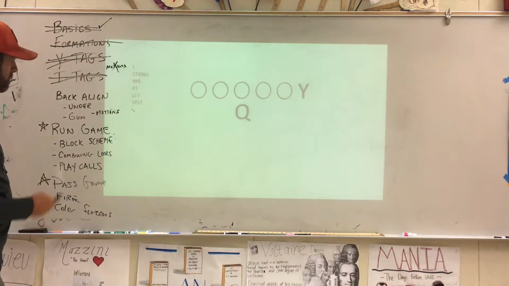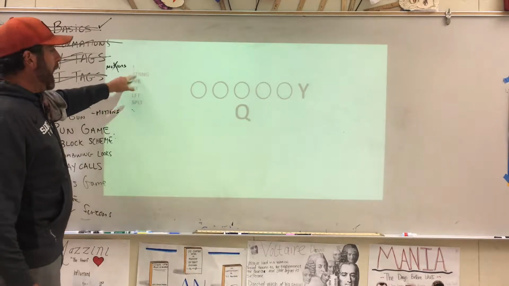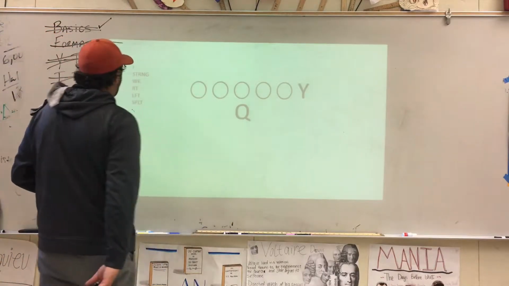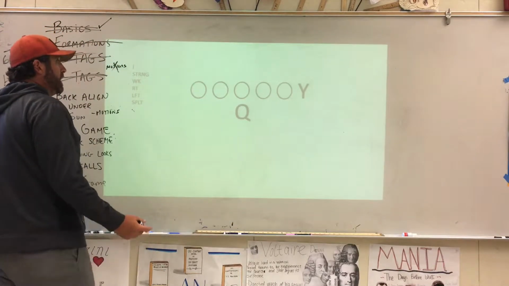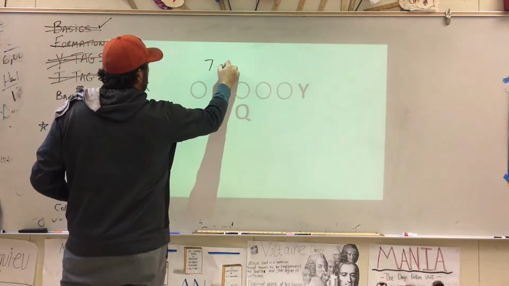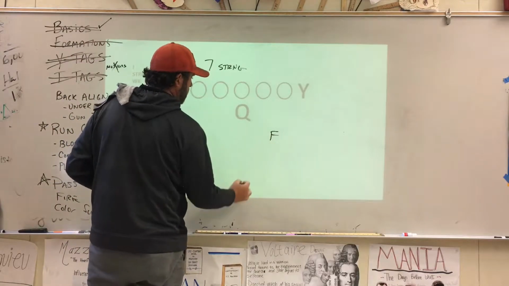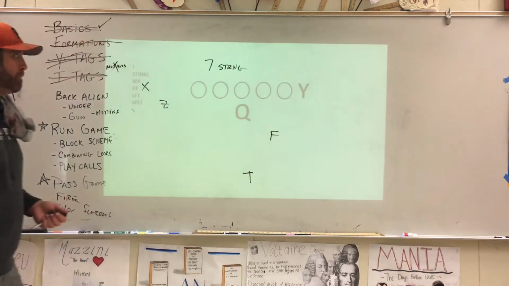Under center, we have a handful. Okay? We have our default, which is I, okay? F and T. We have strong. So if I called 7 strong, then the fullback would move over to the strong side. Right?